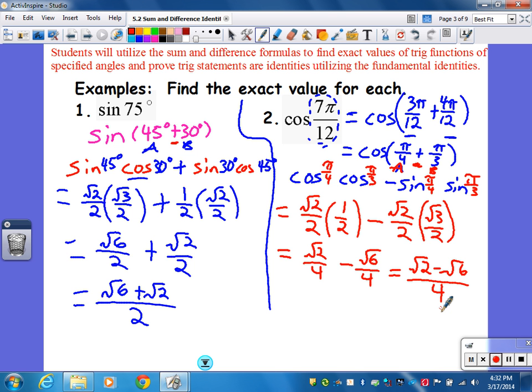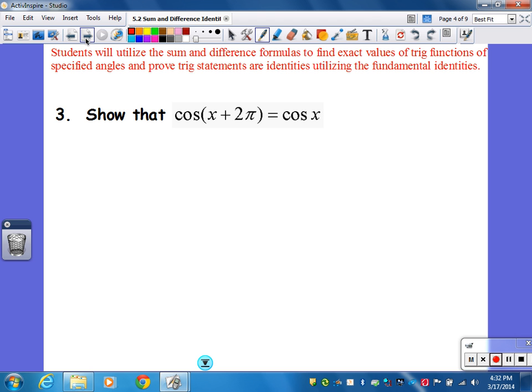Okay. Now we're going to change gears a little bit. And now we're going to prove, or show, whichever one you want to do, that cosine of x plus 2 pi is equal to cosine x. Well, we're going to use the cosine identity.